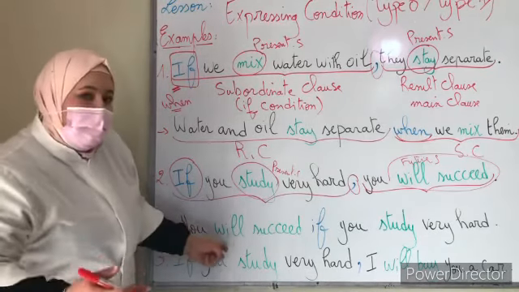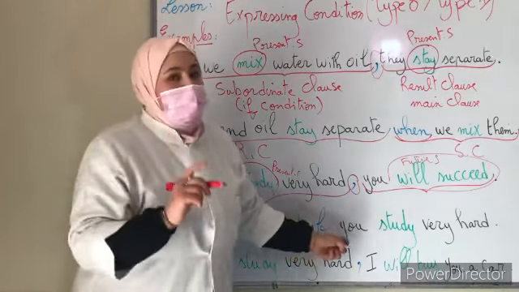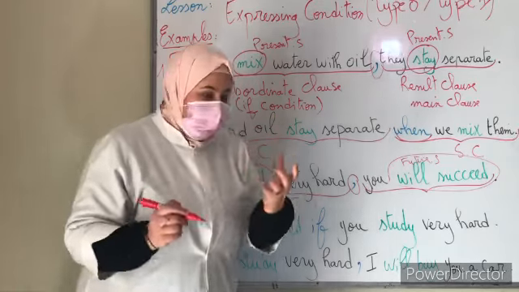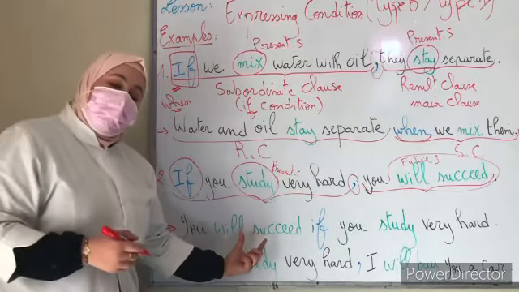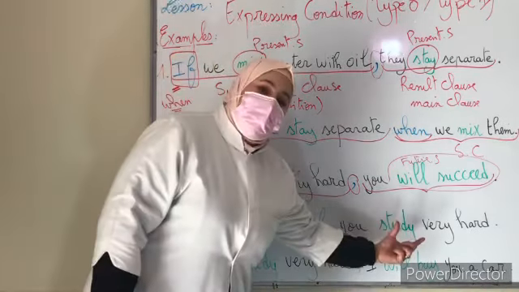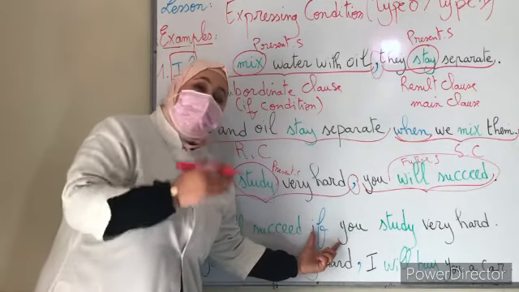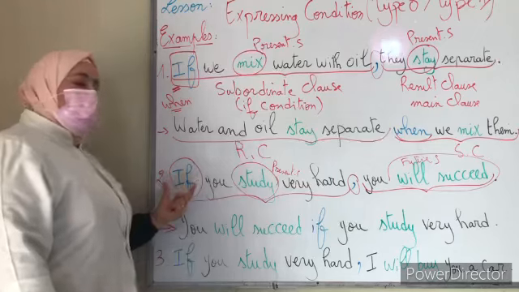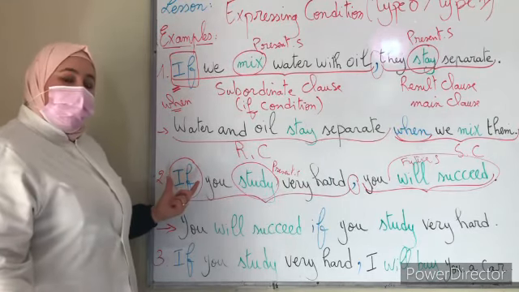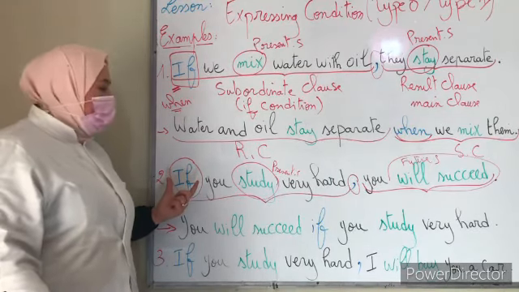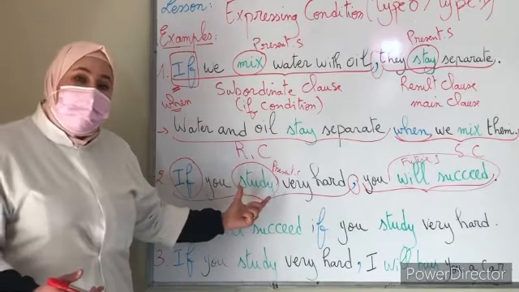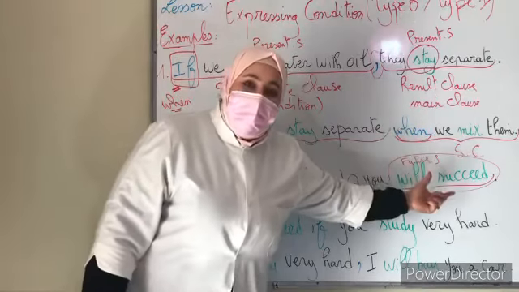So you will succeed if you study very hard, okay? That means we're going to start with the future simple and we finish with the present simple only if the subordinating conjunction is in the middle. But when you put the subordinating conjunction if at the beginning of the sentence, that means you're going to start with the present simple and then you move to the future simple.